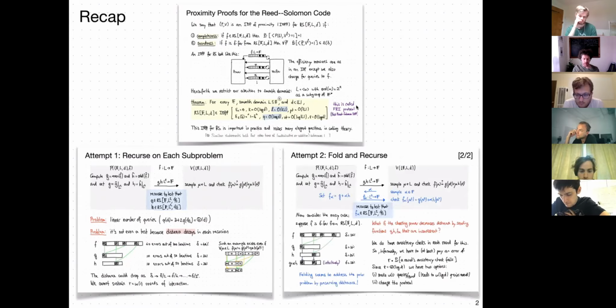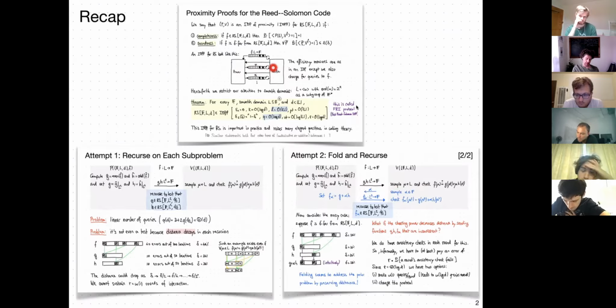Okay. And then to fix that, we added this idea of folding, of random folding. So what we said is that we'll have the prover taking, as before, the function f, breaking it into the odd and even parts, sending them. So again, this would be these messages. The verifier would then reply with just some random field element.